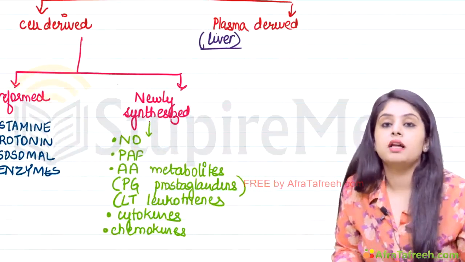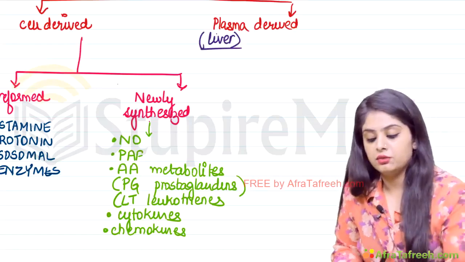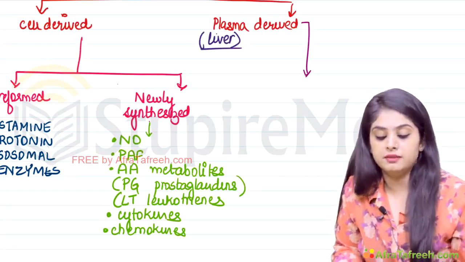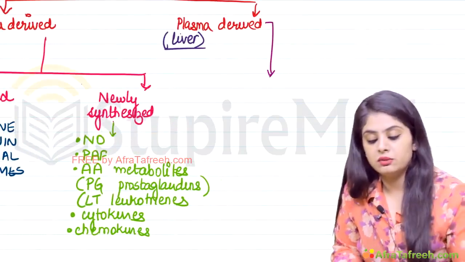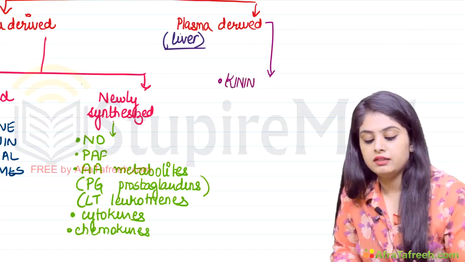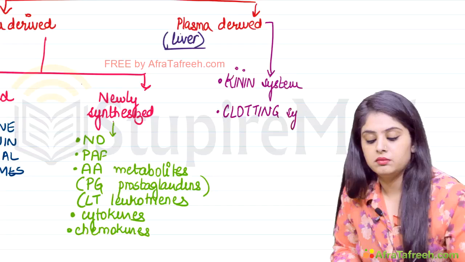Now we have the plasma-derived category. The best way of memorizing this category, students, is that all the similar sounding words come under it. This includes the kinin system, the clotting system, and the complement system.